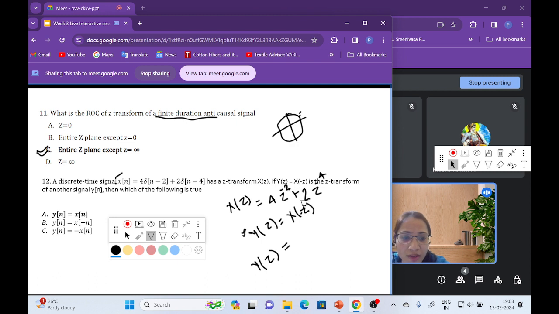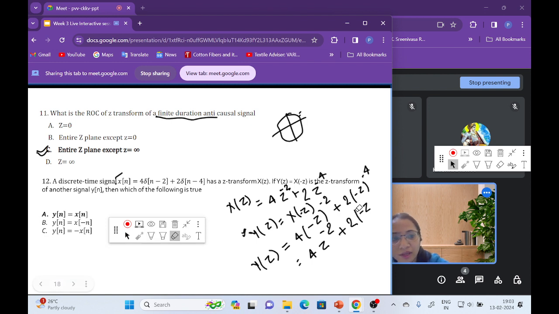Just put minus z wherever z is there: 4 times minus z to the power minus 2 plus 2 times minus z to the power minus 4. Since these are even powers, there is no difference, so that will be 4 z to the power minus 2 plus 2 z to the power minus 4, which is similar to X of z only.